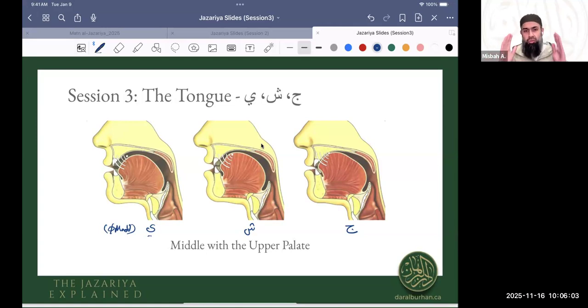What's important is you can describe what I'm describing. We change terminology a little bit, that's okay, as long as you know it's from the middle of the tongue and it's in relation to something else, the upper palate. When you're reciting for ijazah, if the teacher asks you, where does ya come from? You have to be able to describe it like this.